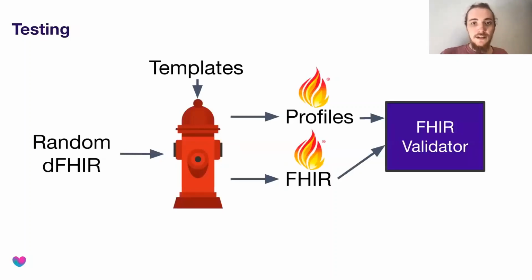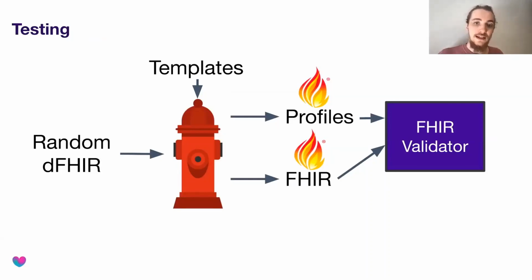Now, the DeFi is actually quite simple, so it's straightforward to create randomized DeFi data, which we can then hydrate. And then we can use that random data to actually test our templates. So we can actually build property tests to check the validity of the templates by generating DeFi, hydrating it into FHIR, then checking it against the generated profiles.